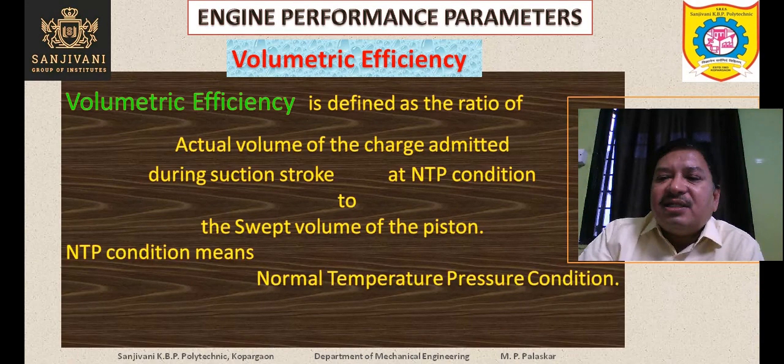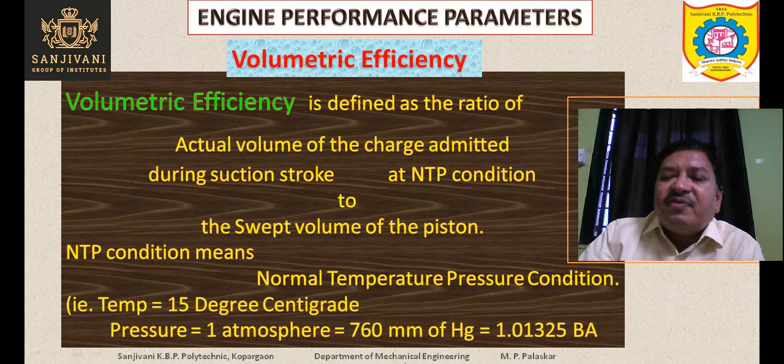So the temperature is 15 degrees centigrade and the pressure is equal to 1 atmosphere, 760 millimeter of mercury, that is 1.01325 bar. So this is the value of the standard pressure and the standard temperature, or the normal temperature and pressure condition, which defines the NTP condition.